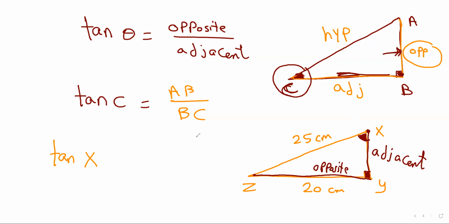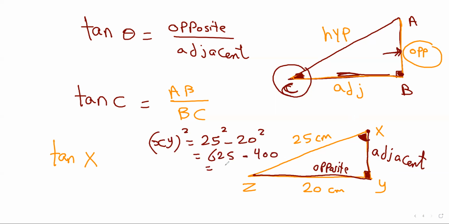So how can we get XY? By using Pythagoras. XY to the power of 2 equals what? 25 to the power of 2 minus 20 to the power of 2. 625 minus 400 is 225. So XY is equal to the square root of 225, which is 15.